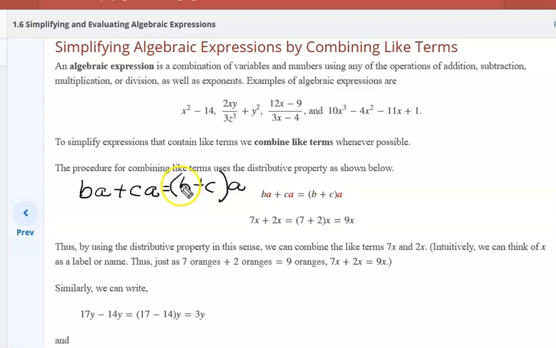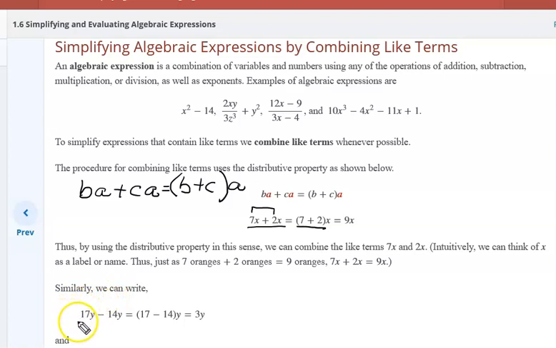So if B and C were like terms, we could add them together as they're showing here. Now, normally we don't go through this middle step. We see they are like terms. We're just going to add the numerical coefficient part. The variables don't change, and we get 9a.